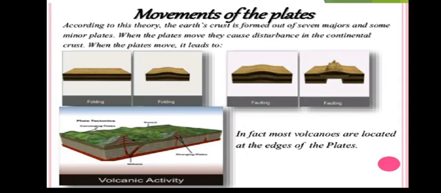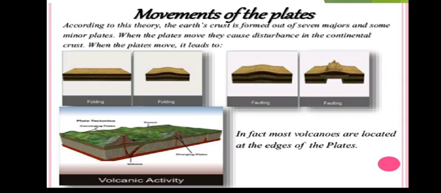Now after that we talked about the movement of plates. In this we saw 3 types of movement: convergent, divergent and transform. What is convergent movement of plate? When plates come towards each other. It is also called folding movement.